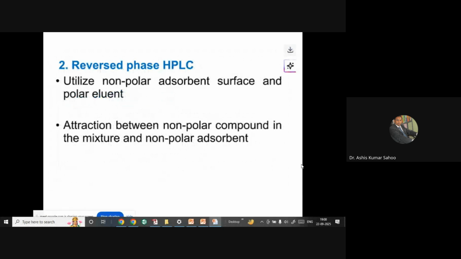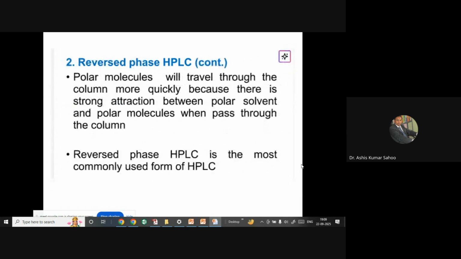Reverse phase HPLC utilizes a nonpolar adsorption surface and a polar eluent, with attraction between nonpolar components. In reverse phase HPLC, polar molecules will travel through the column more quickly because there is a strong attraction between the polar solvent and polar molecules. Reverse phase HPLC is the most commonly used.